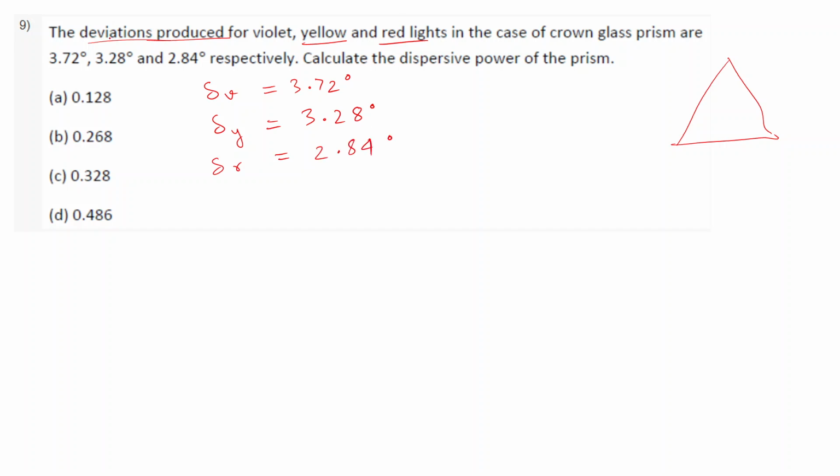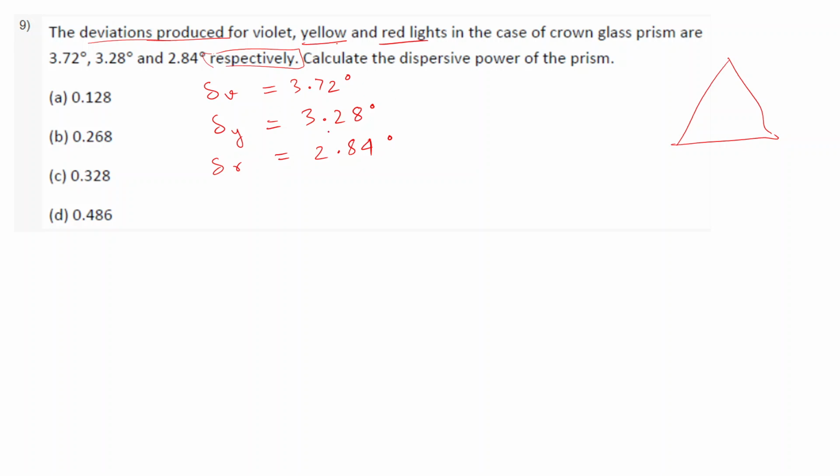Violet, yellow and red light have corresponding 3.72, 3.28 and 2.84 degrees of deviation.